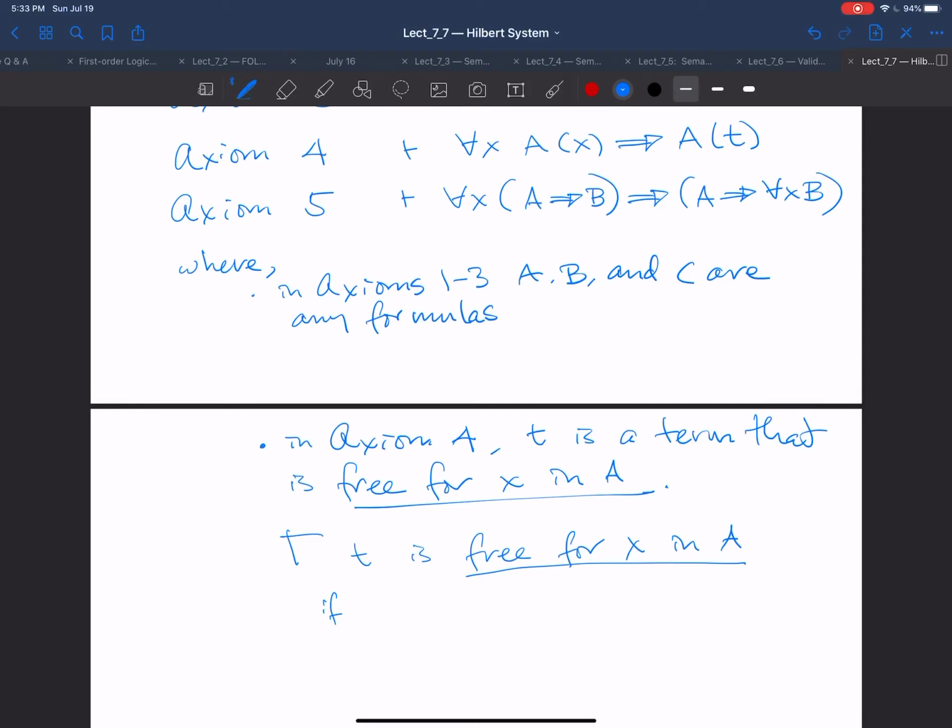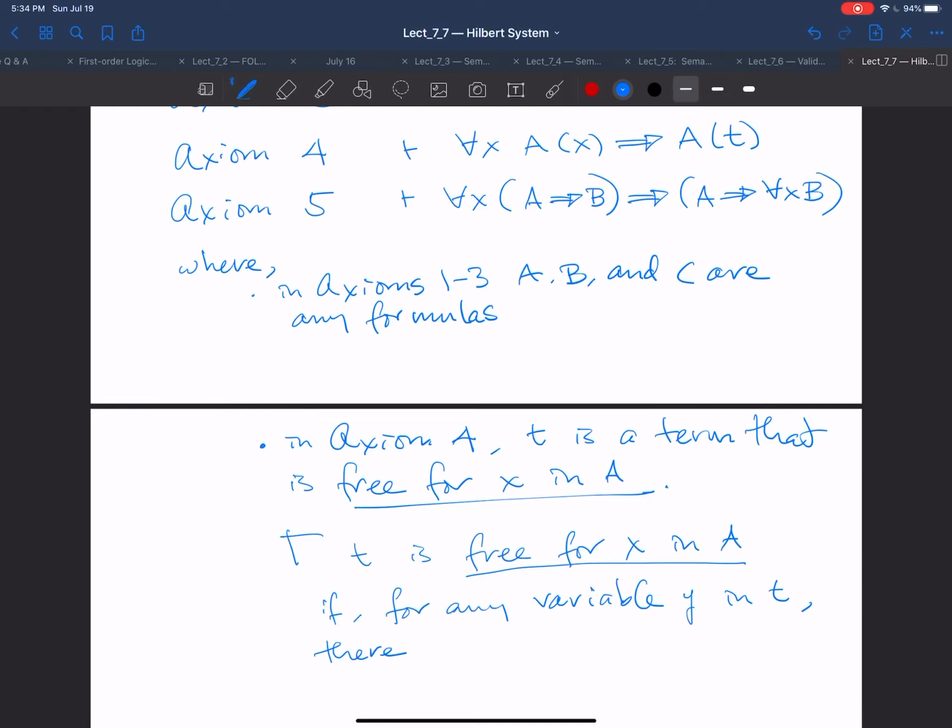So this actually occurred at an earlier point in the notes when we were defining free and bound occurrences of variables. So let's suppose that t contains a variable y.